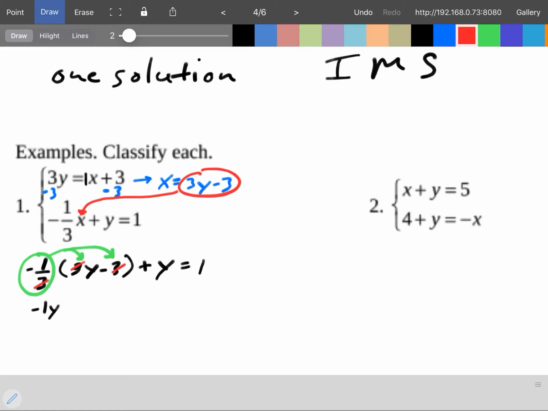The 3's cancel, and a negative times a negative gives me a positive 1. So negative 1/3 times negative 3 is positive 1. Then I'm going to bring down this plus y, and I'm going to bring down the right-hand side, which is 1. So somebody unmute and tell me, what happens to the negative y plus y on the left-hand side?